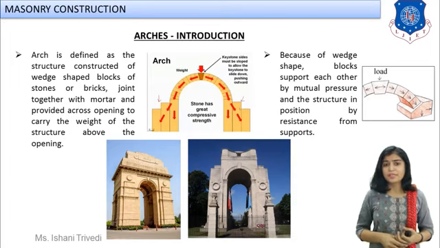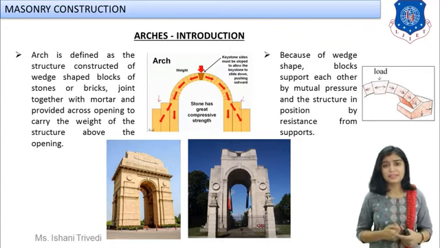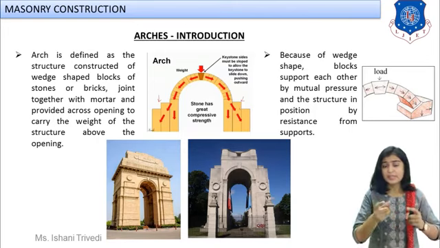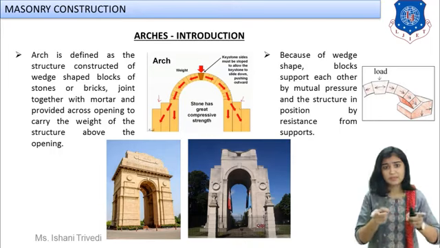Okay. Now about the arch, if you want to define it technically, how will you define it? So let us see over here. I have the technical definition. We have arches defined as a structure constructed of wedge-shaped blocks. Now if you want to construct an arch, then exactly rectangular or square shape is not going to make a curved structure.